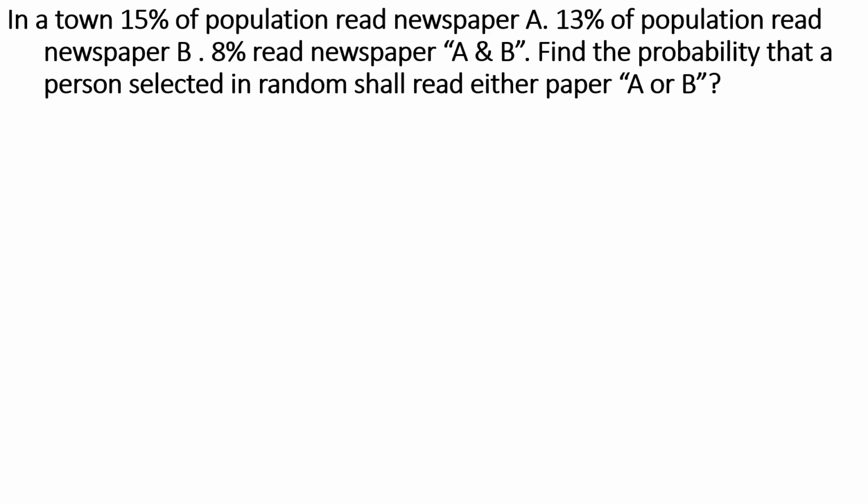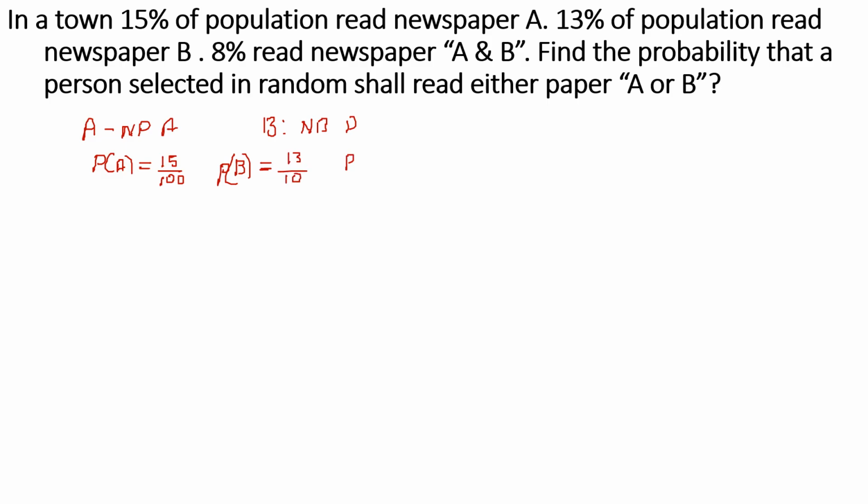In a town, 15% of the population read newspaper A, 13% of the population read newspaper B, and 8% read both newspapers A and B. Find the probability that a person selected at random reads either paper A or paper B. Let us take A as people who read newspaper A and B as people who read newspaper B. The probability that people read A is 15%, so the probability will be 15 by 100. 13% read newspaper B, so the probability of B will be equal to 13 divided by 100.